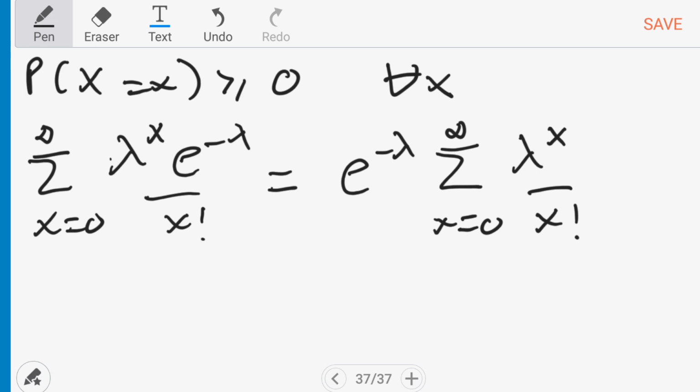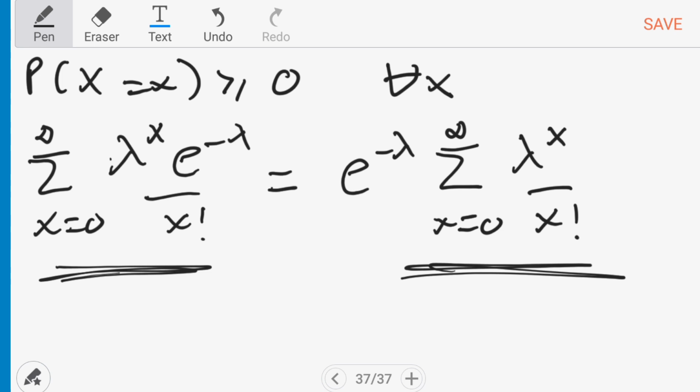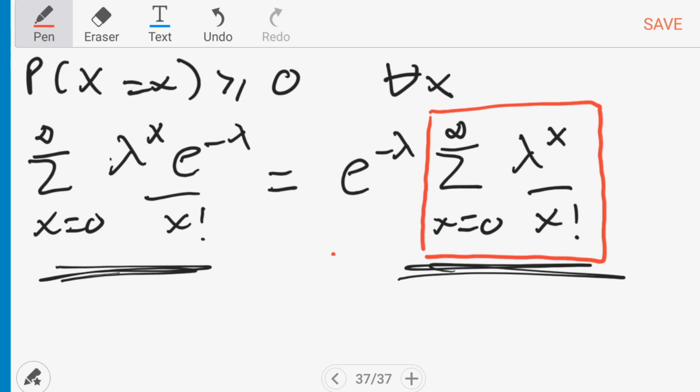So we factored it out because we are summing on x, so anything without an x is treated as a constant. So we can actually write it this way. Now if you realize, this is actually the Maclaurin series that we are talking about. Can you identify that? Okay, so this is the Maclaurin series that we are talking about.